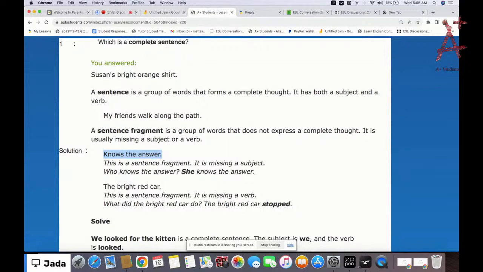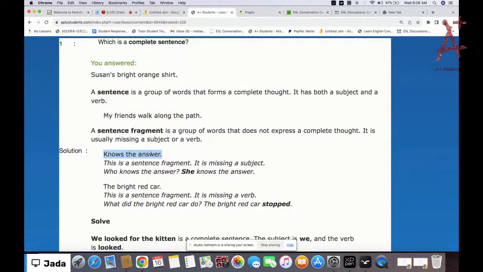The subject is missing. It could be Michael knows the answer, Pearl knows the answer, Mercy knows the answer, but this one just says knows the answer. So this is an example of a sentence fragment. Something is going to be missing: either the subject or the verb.